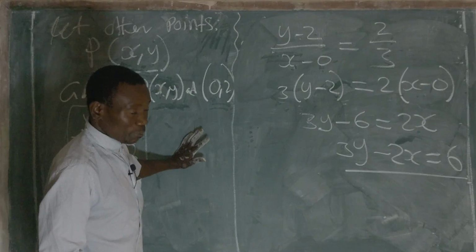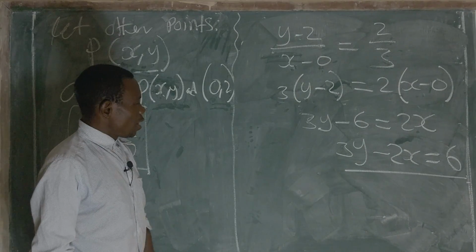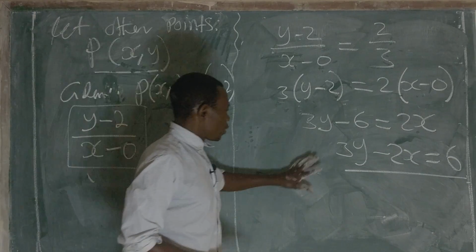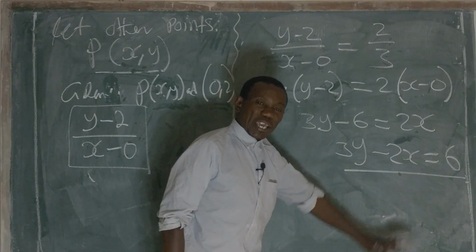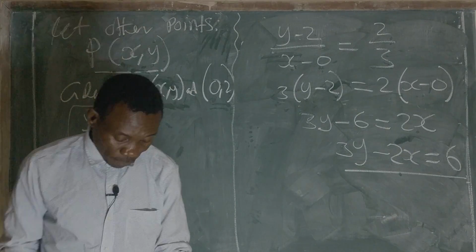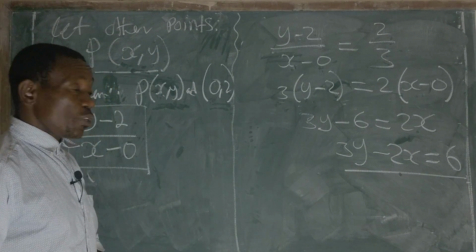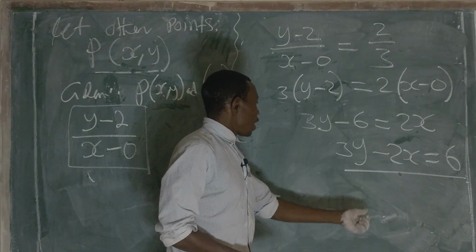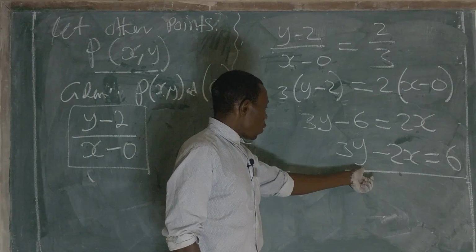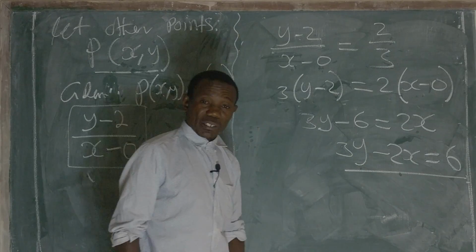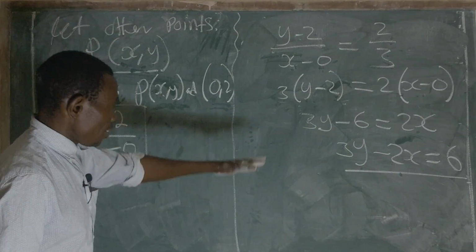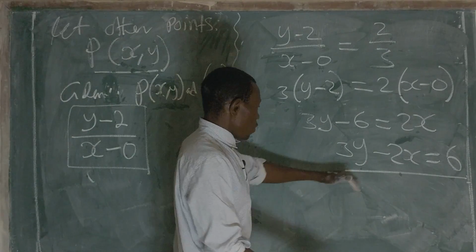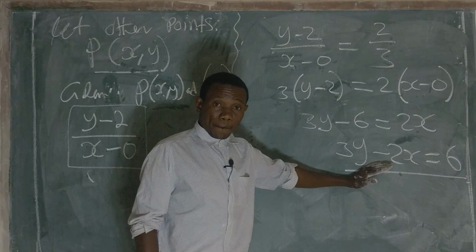Method number 1. Right. But now, let us try to tamper with this equation by writing it in a different form. What form do we need? Let us try to make y the subject of the formula. That is equation 1, but now I would like to write this equation in a different form.